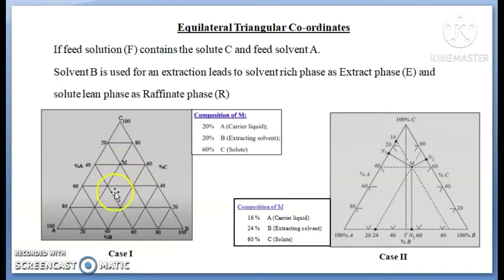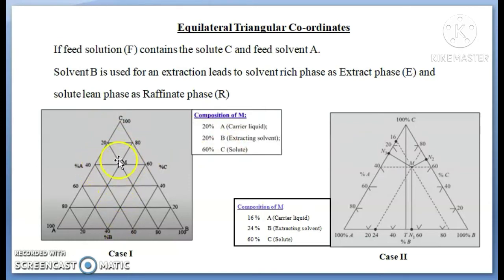The perpendicular distance between the point and the side AB indicates the concentration of C. If you see the composition, the perpendicular distance indicates the percentage of C. Here we have 60% of C, indicated by this perpendicular.